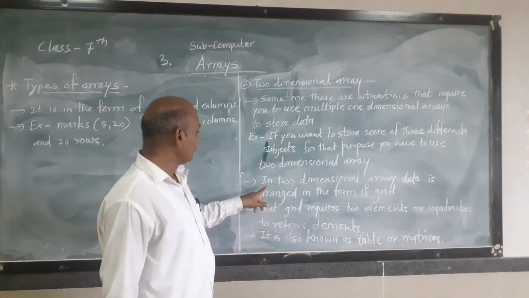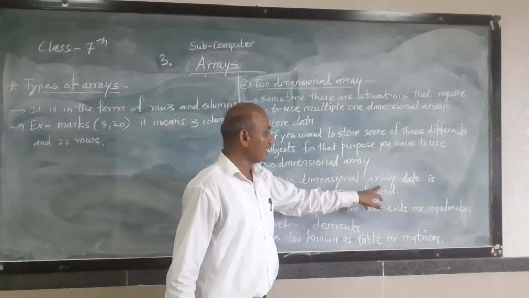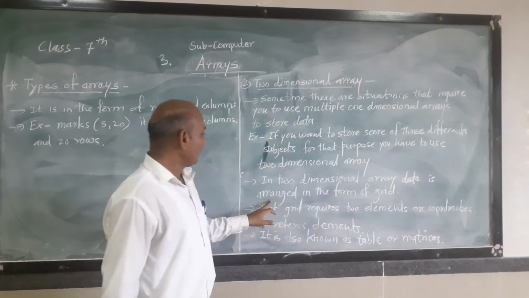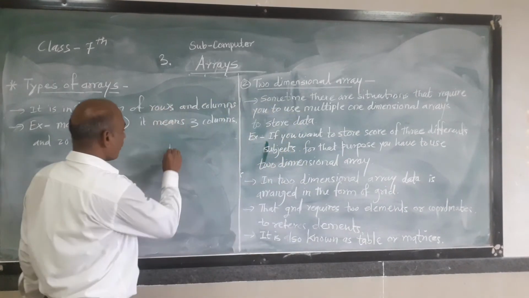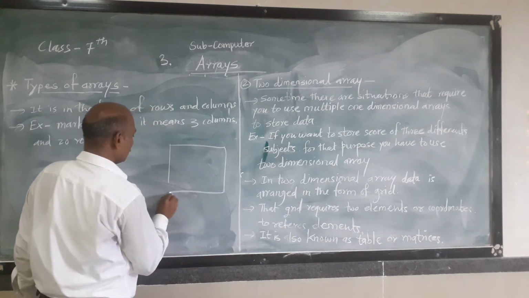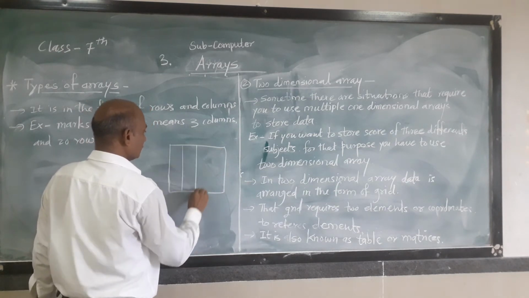How? See, in a two-dimensional array, data is arranged in the form of a grid.